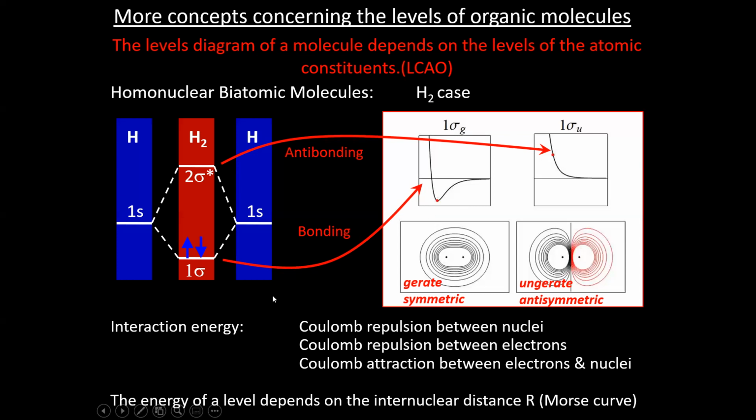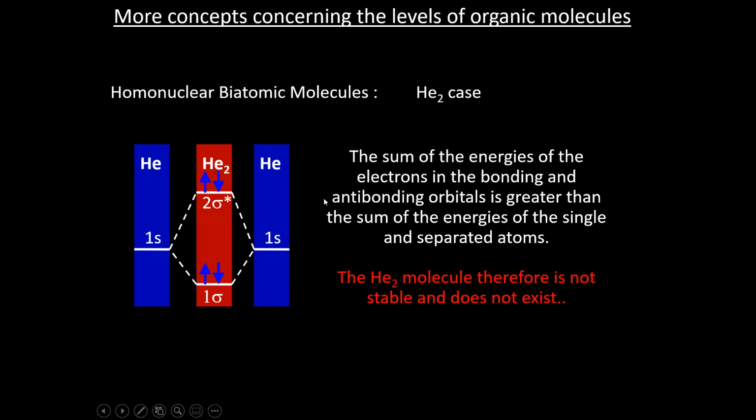Now, what happens in the next most simple molecule, that is helium, molecular helium? When you take two helium atoms and put one next to the other, their orbitals combine and they give you the 1 sigma and the 2 sigma star. When you put the electrons in these orbitals, there will be 2 electrons here and 2 electrons here.